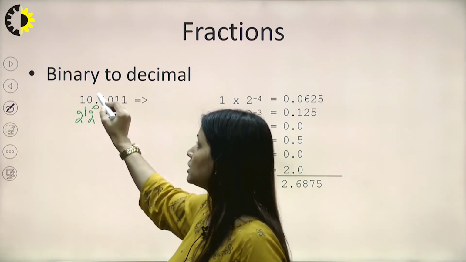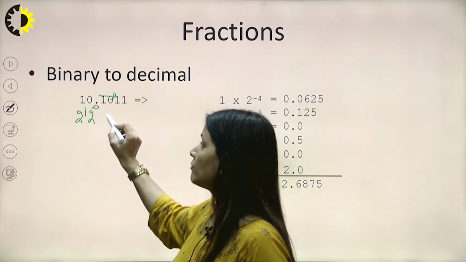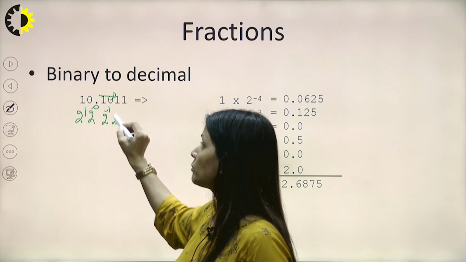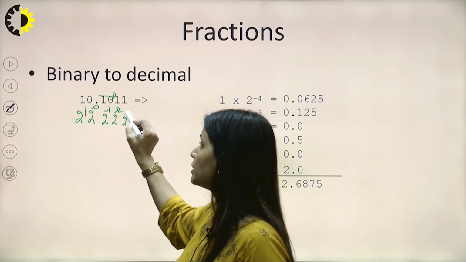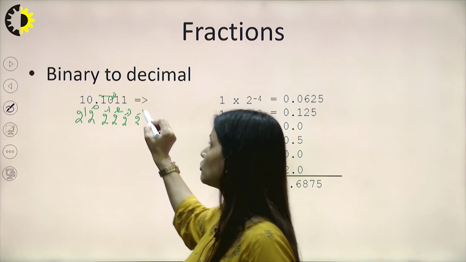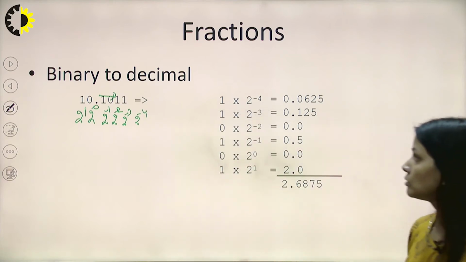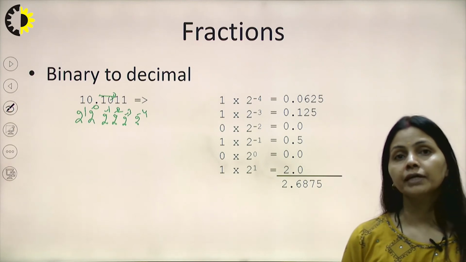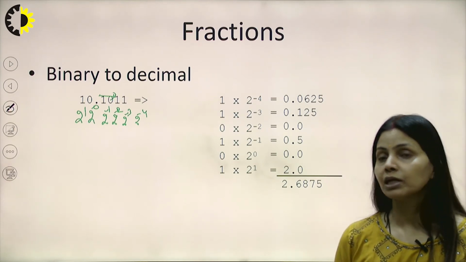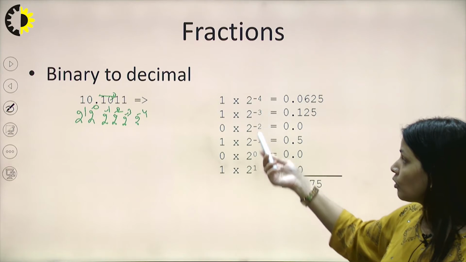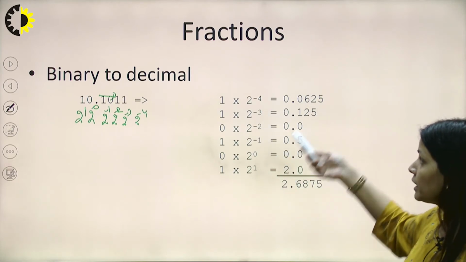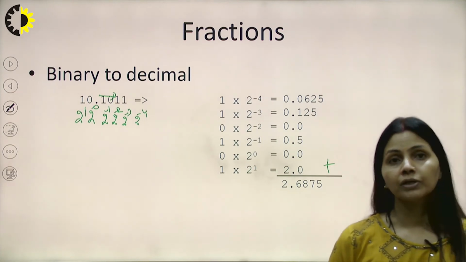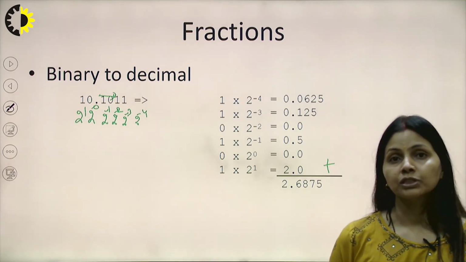After the decimal point, I will have 2 raised to the power minus 1, minus 2, minus 3, and minus 4. The process will be the same as before, where we multiply and finally add to get the final number for fractional numbers.